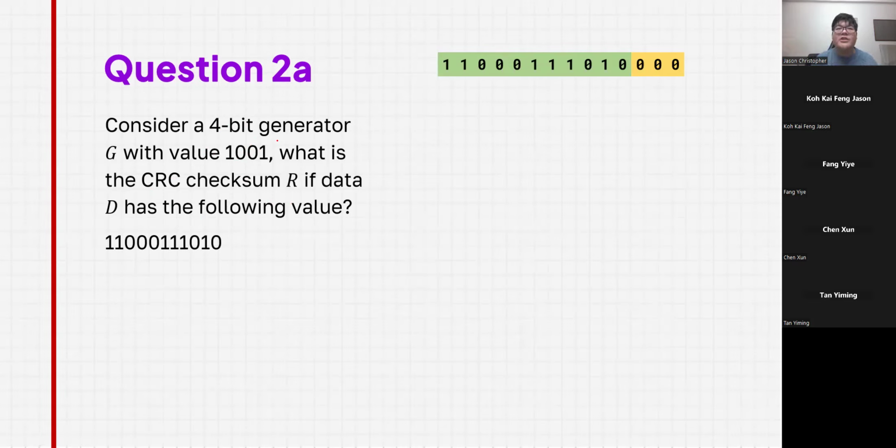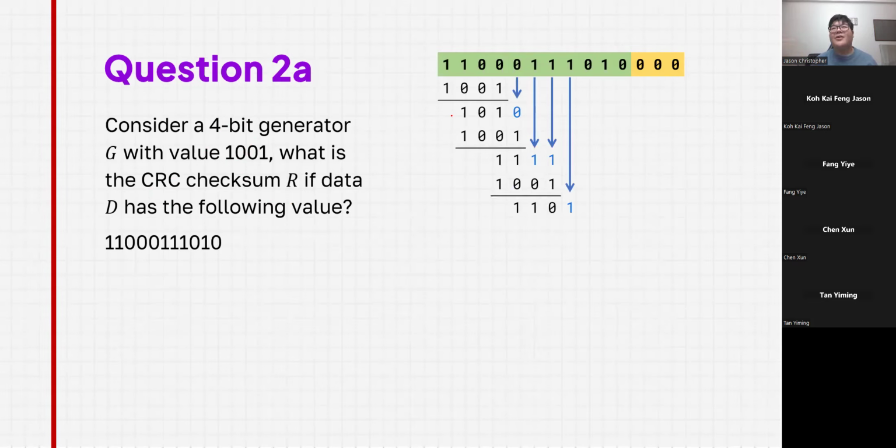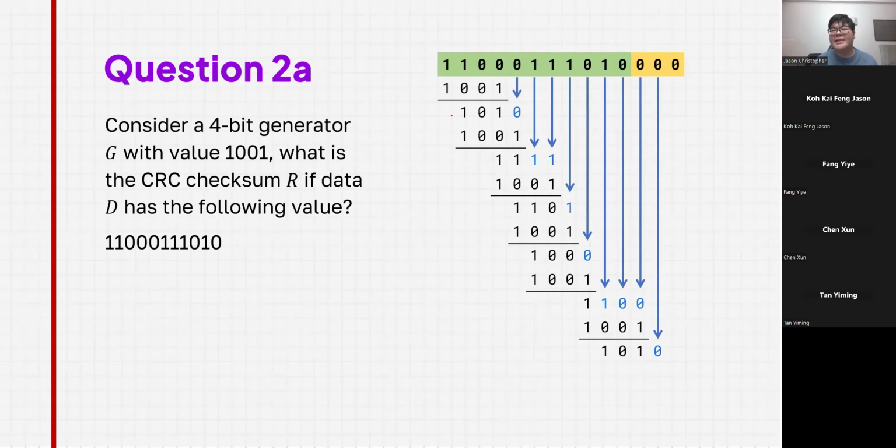Then we do the long division by using XOR. So here we put 1001, XOR this, we get 101. Pull the next bit, XOR, pull the next 2 bits, XOR, all the way until we reach the end. That is, we get 110. So this is the method to compute the CRC checksum.